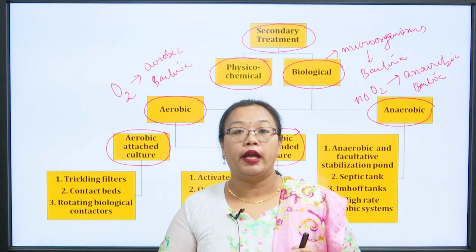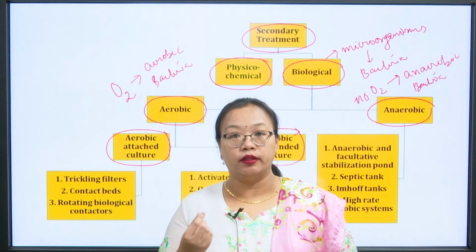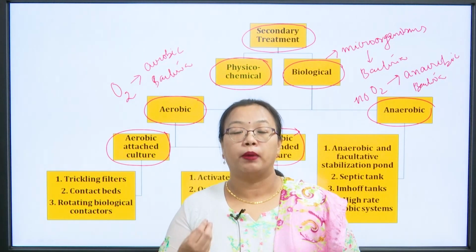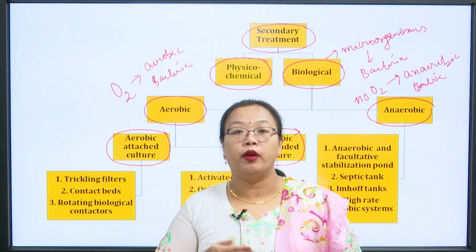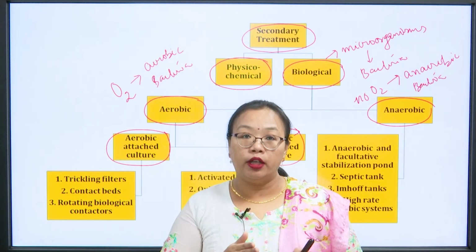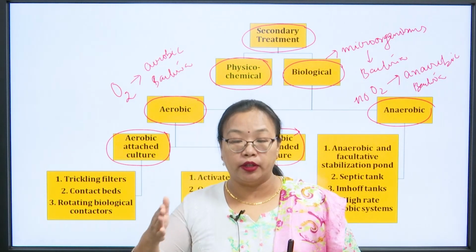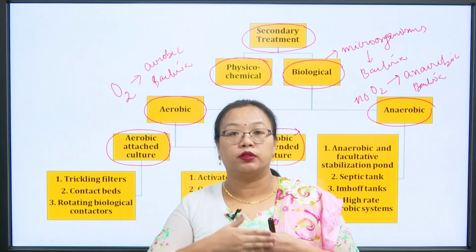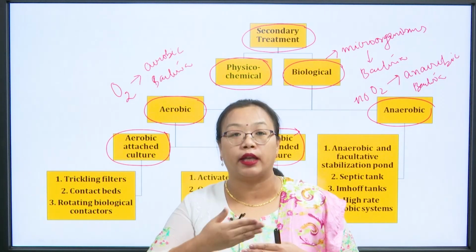The filter media may be a sand particle or a rock particle, or some other media like plastics, or it may be sheets. Depending on the system, we will have different types of filtering media or sheets to which the bacteria get attached.